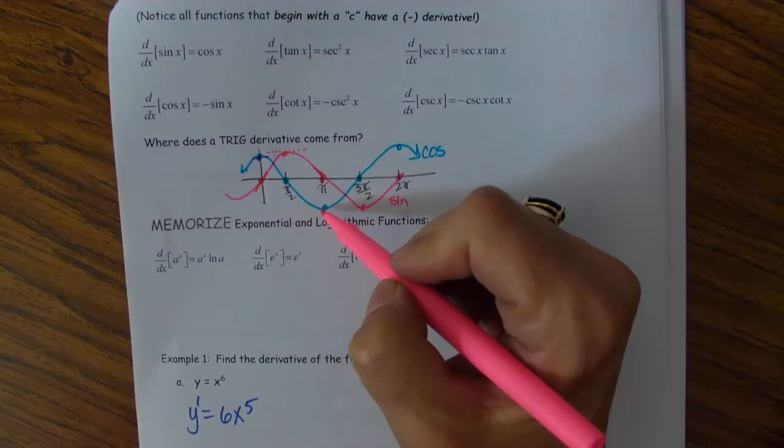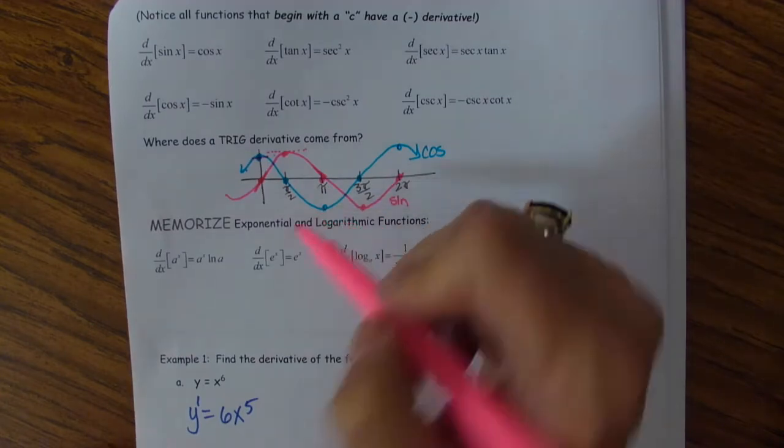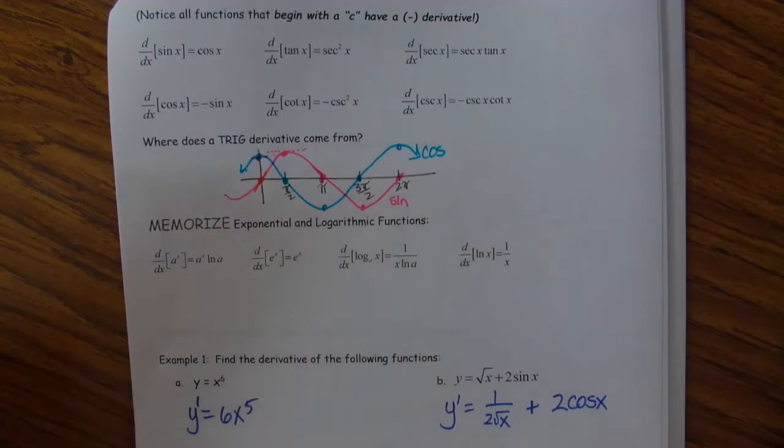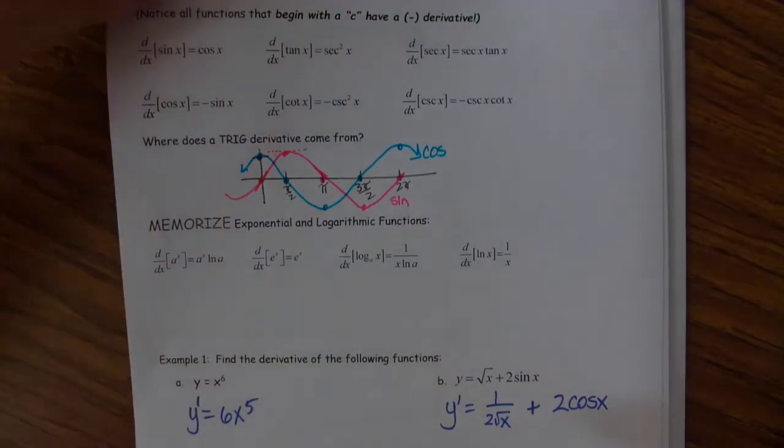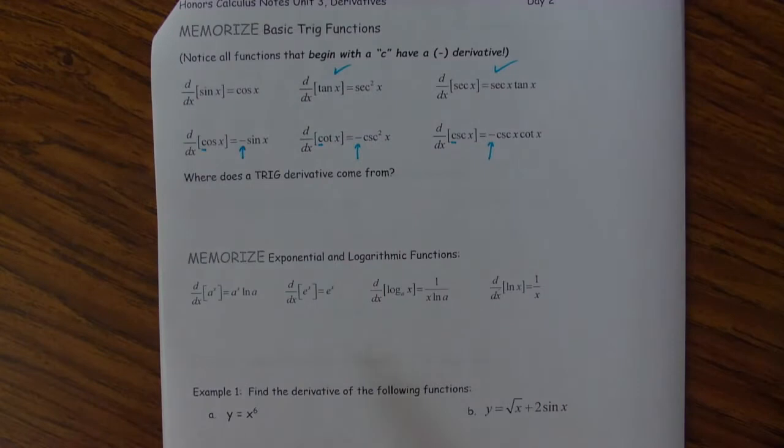What's the value of cosine? -1. So does that make sense to you that these are not formulas somebody made up for the fun of it so you could memorize stuff? These came from the graphs, okay? None of us want to draw all these graphs and try to figure out slopes. So we're going to memorize those.